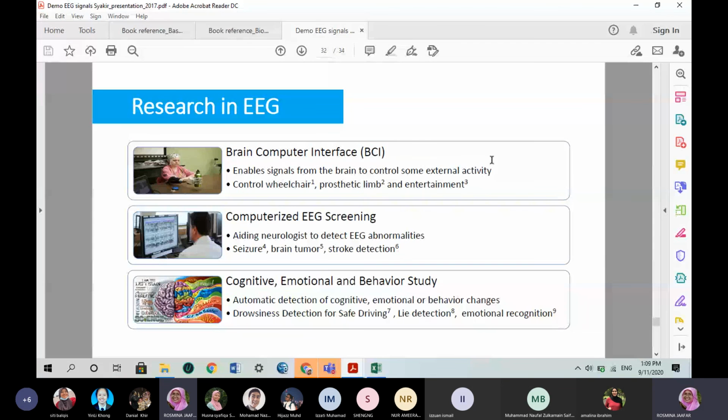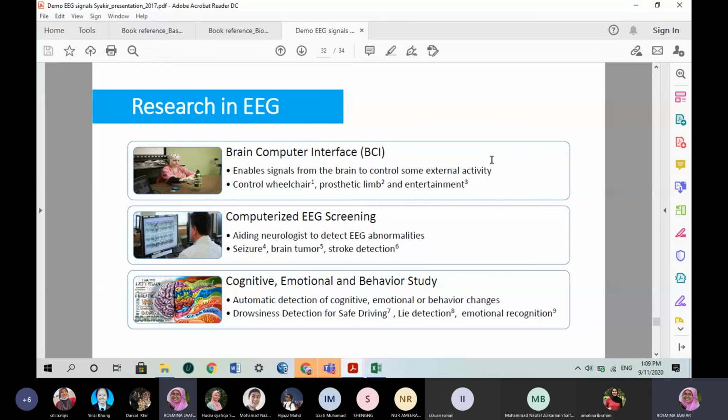And for research in EEG, you do brain-computer interfacing. Brain-computer interfacing is to enable the signals from the brain to control some external activity, such as to move a wheelchair, to move a prosthetic limb, to have music run, and so on.